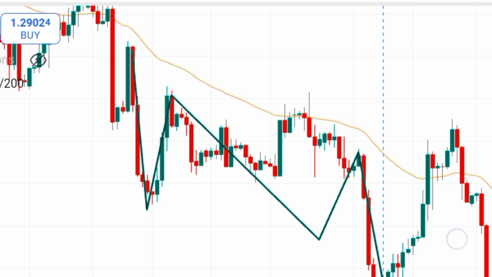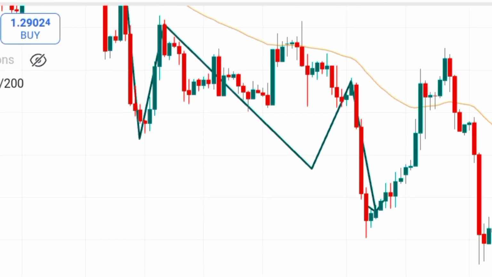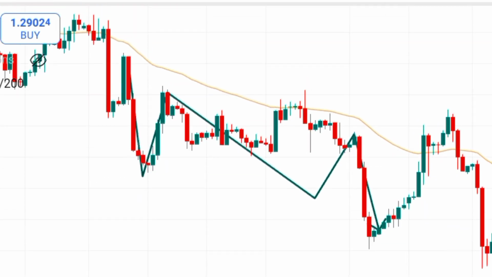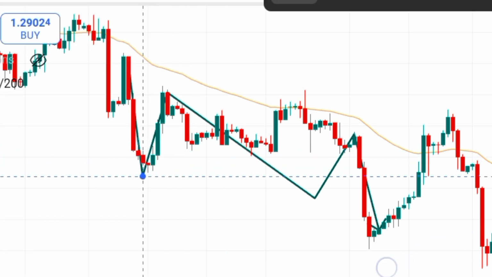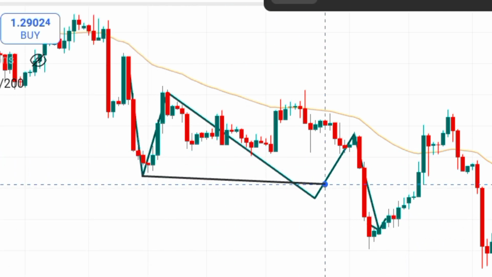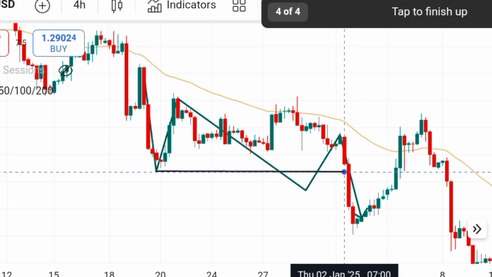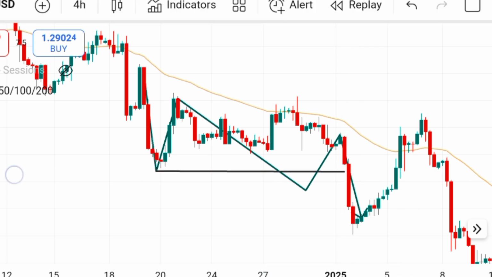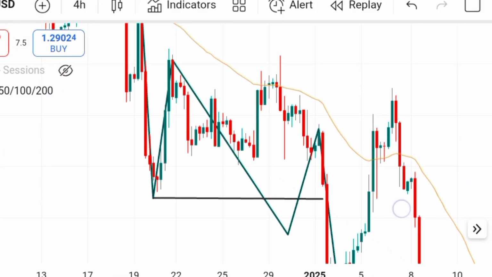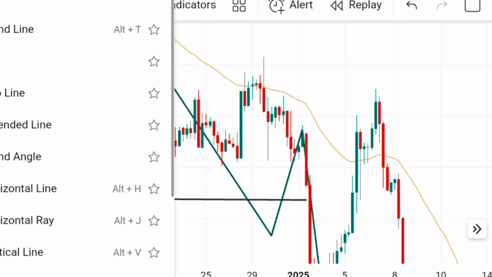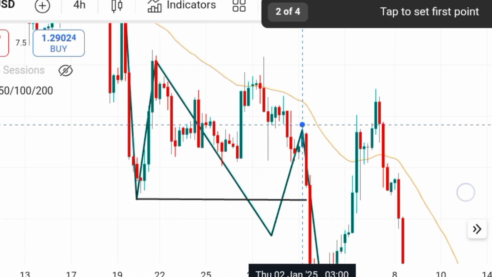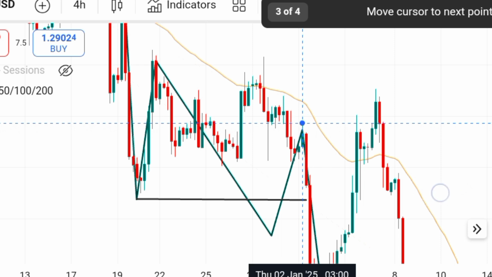So since the trend of the market is bearish, all we have to do is mark the recent structure and then try to know where our entry is. So you can see I've just marked my structure right there. Then the recent structure that led to that break of structure to the downside is this very one here.